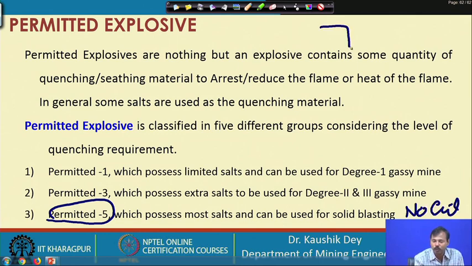That means, full face blasting is being carried out, by drilling and placing the explosive, and there is no drainage of methane beforehand.